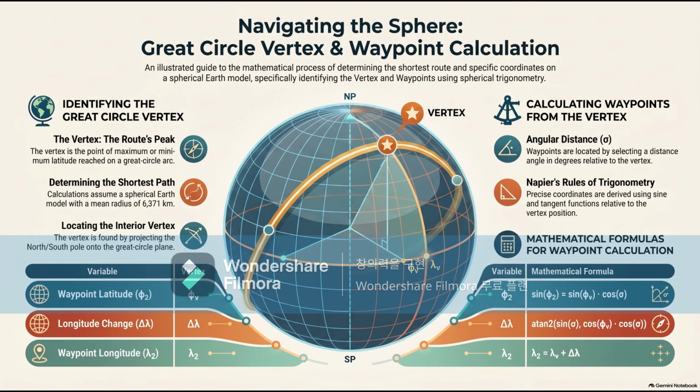No, it has to calculate the tilt of the circle using vector mathematics. Specifically, it uses a vector cross product. Okay, I'm going to try to visualize this because vector math gets incredibly dense. It really does, yeah. So if we have our starting city and our destination city, the computer treats those two locations as 3D arrows, originating at the Earth's molten core, just piercing right out through the crust. Exactly.